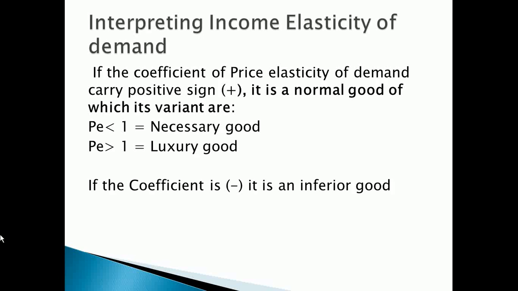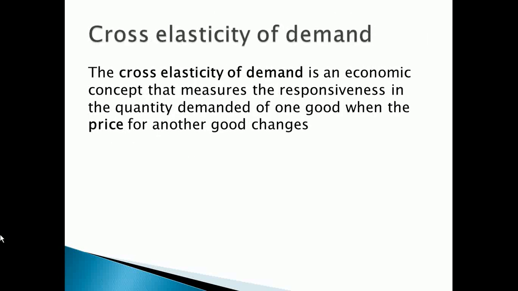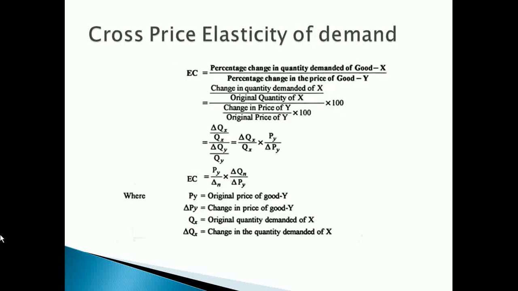By the time you solve this question using this method, you are going to obtain your answer, which will be either positive or negative. When you are interpreting cross elasticity of demand, substitute goods carry positive signs. Pampers and Huggies, close-up and dental cream.